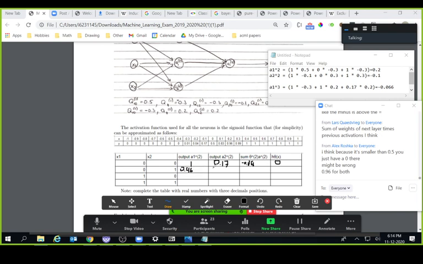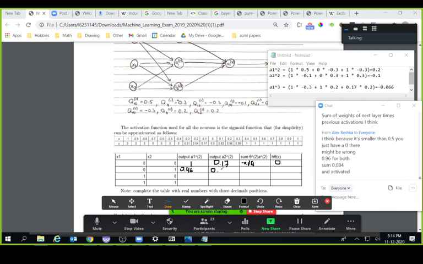0.96. Oh, really? Oh yeah, okay, that's true, because they both become 0.2. Okay, 0.96.